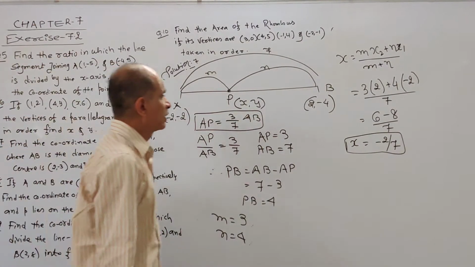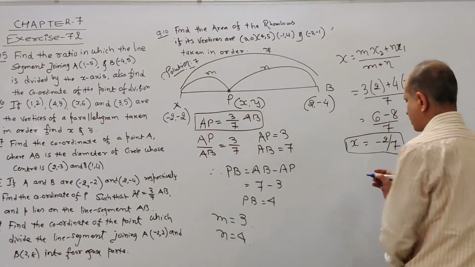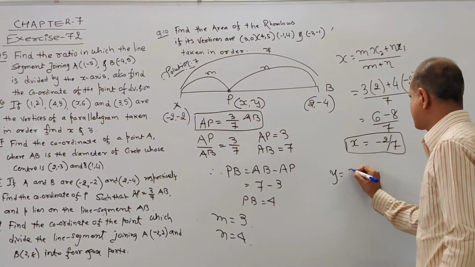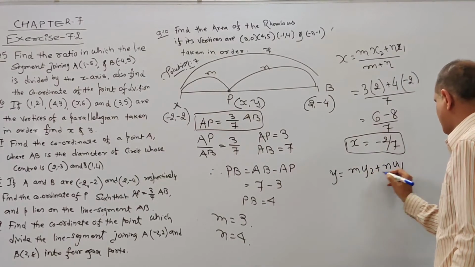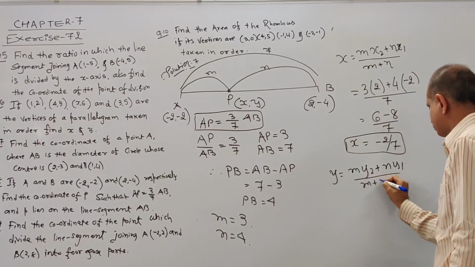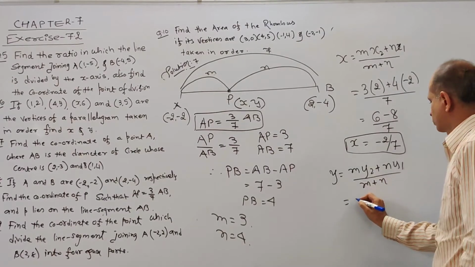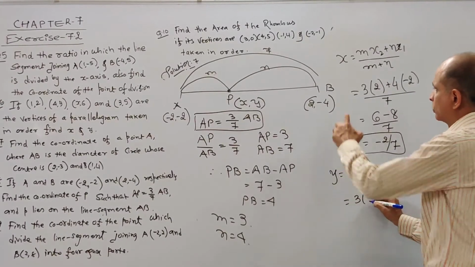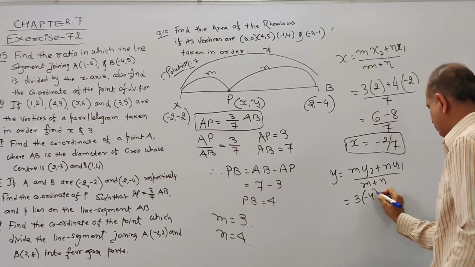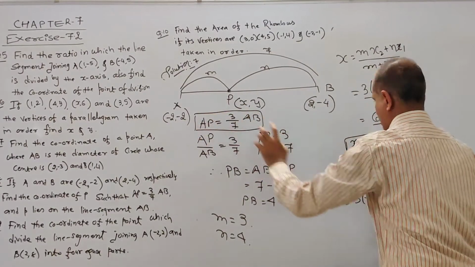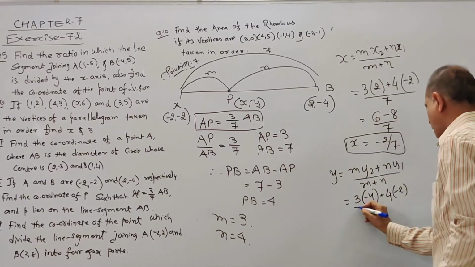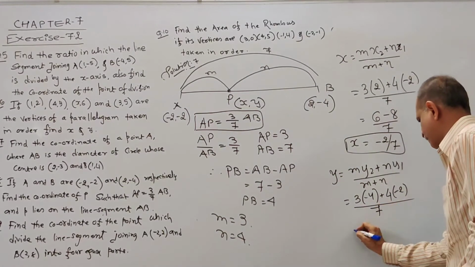Now let me find out the y coordinate. You know how to find the y coordinate. y is equal to (m y2 plus n y1) upon (m plus n). m 3, y2 minus 4, plus n 4, y1 means minus 2, upon m plus n 7.